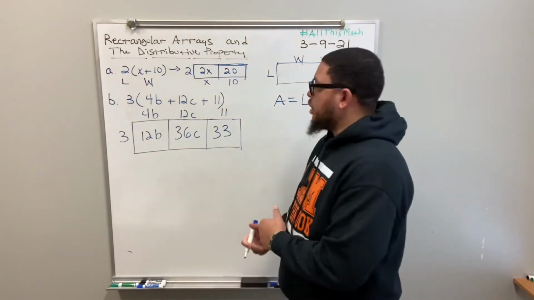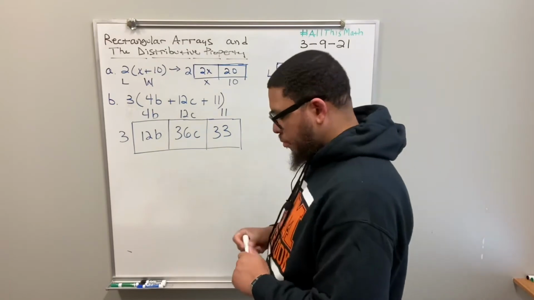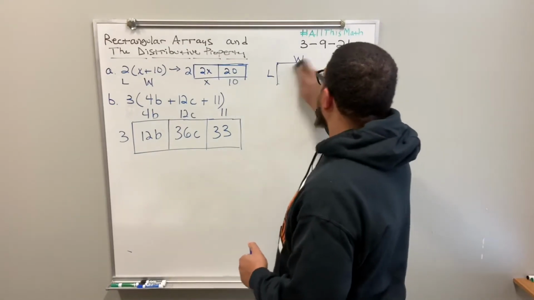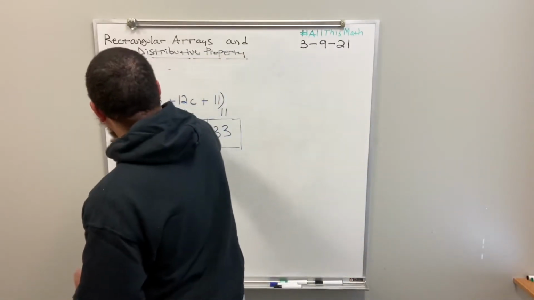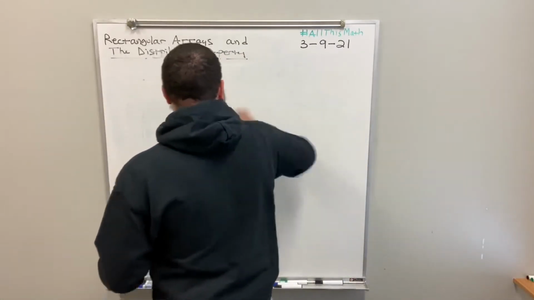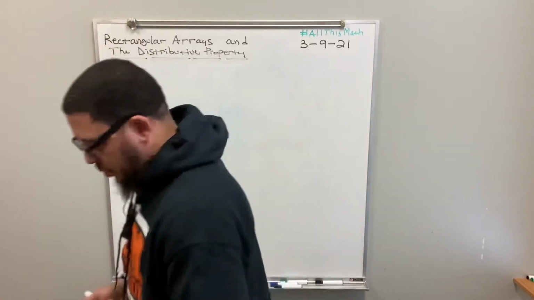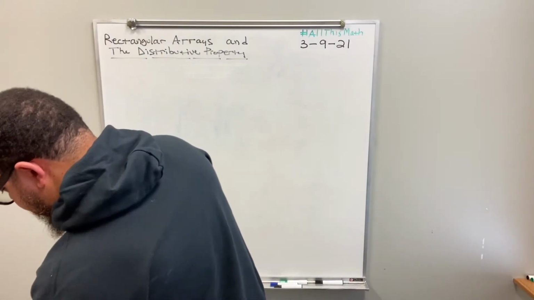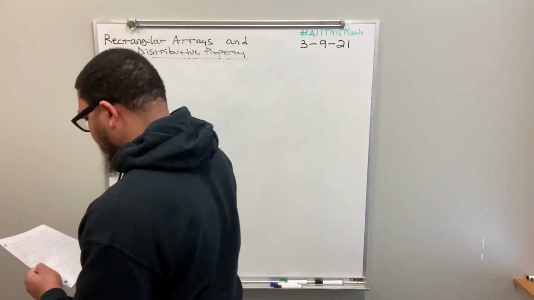Now I'm going to go into just some straight up examples using the distributive property. So let me erase this. Write some examples down. All right.